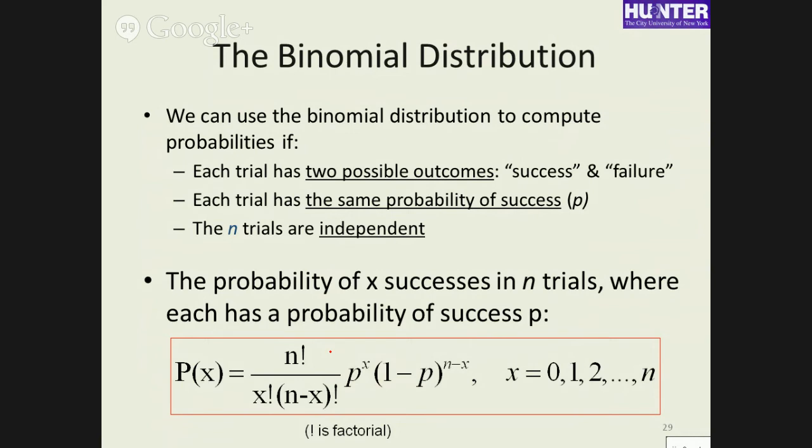Well, there was one from the last test that could have been done using the binomial distribution. You didn't have to, but you could: the number of elderly grandparents that you would expect to fall over a year, or the probability of a certain number of them falling.